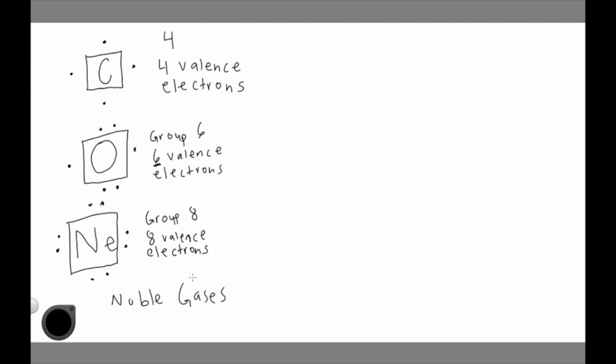And if you remember, atoms tend to bond in order to gain stability, right? So therefore, neon, which is a noble gas, has no need to react since it's already stable. Since neon is already stable because it has these 8 electrons in its valence shell, there's really no need for neon to react with another element.